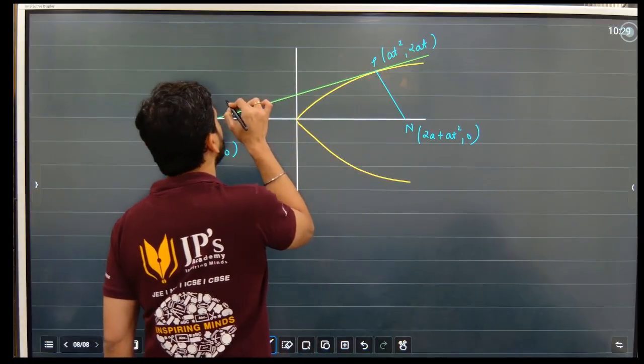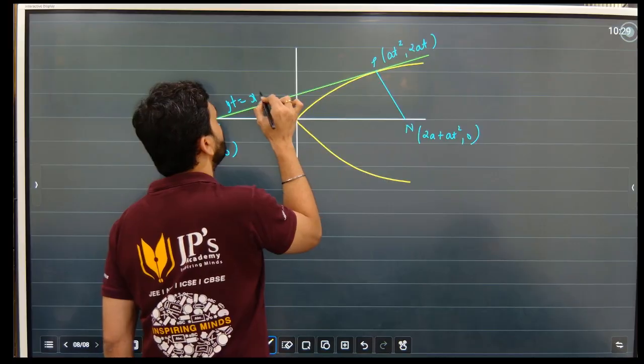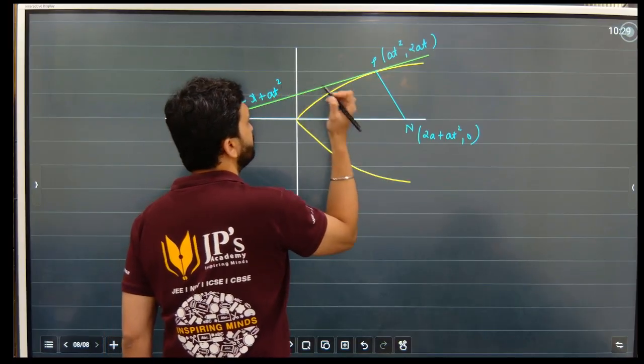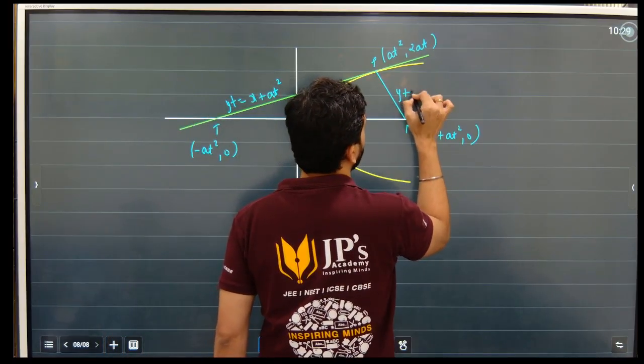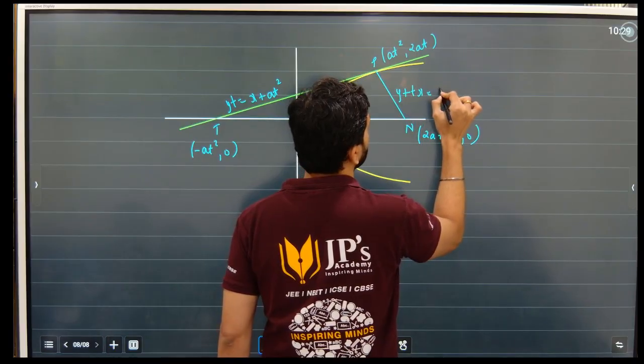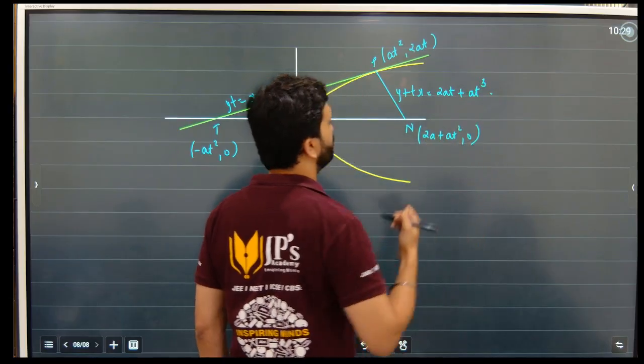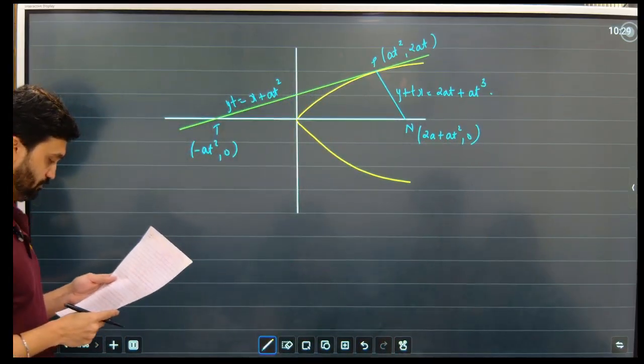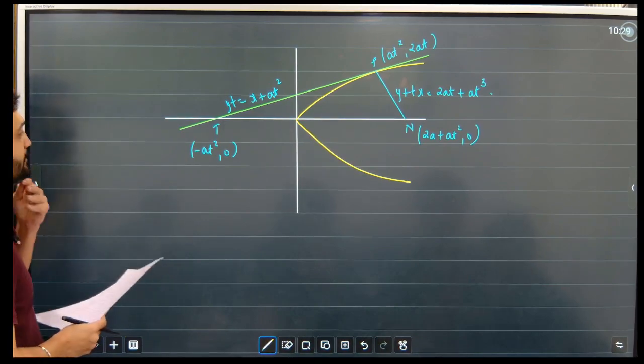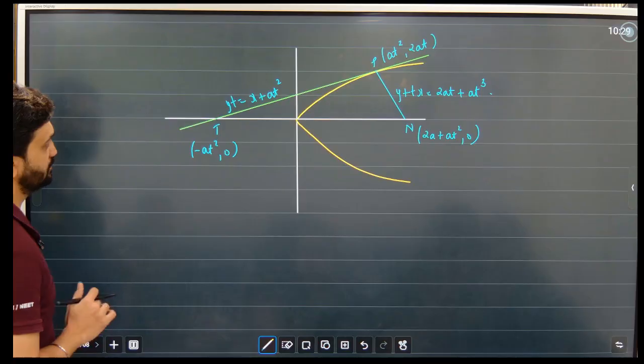The equation is yt = x+at², y+tx = 2at+at³. The equation of the normal is also given. Now I have P's coordinates, T's coordinates, N's coordinates.